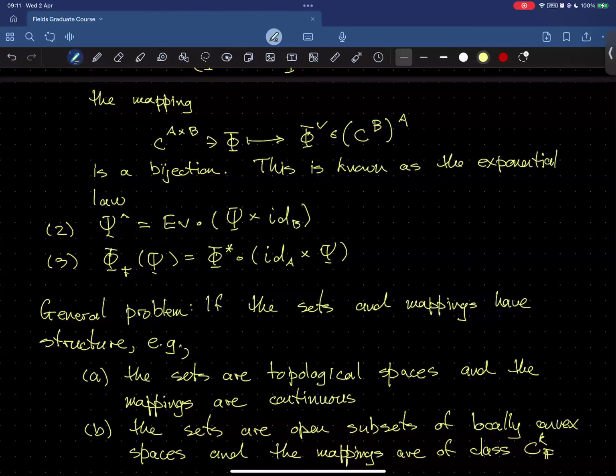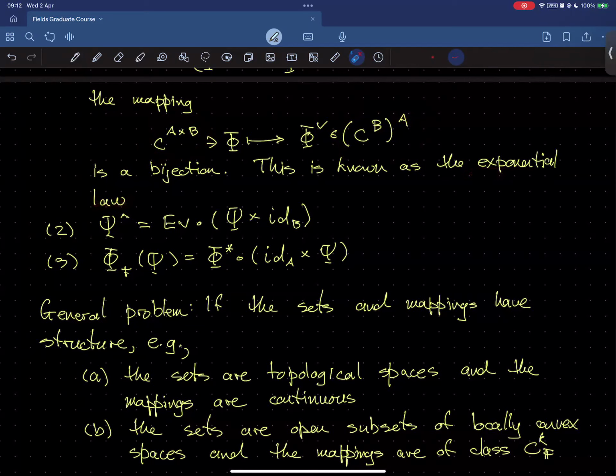And this mapping, as I have just said, is a bijection in the case of sets. And this correspondence of mappings from products to mappings in spaces of mappings, according to this rule, is what's known as the exponential law.